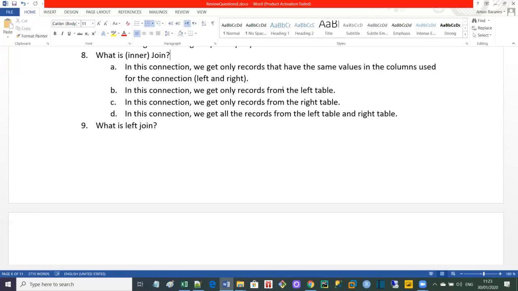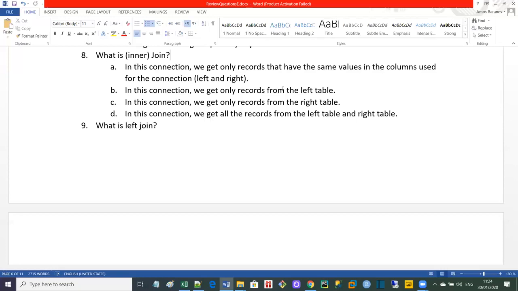When we do a join, it will join only rows from table A and table B that share the same value in the columns we're connecting, okay?